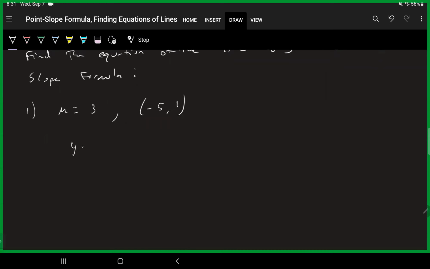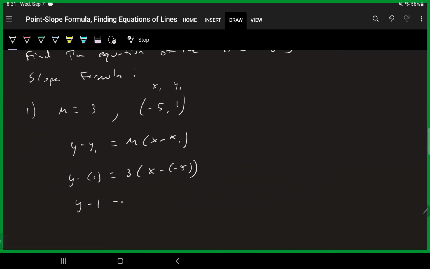So I'm going to get y minus y1 is m times x minus x1. And we know what m is. That's x1, y1. So we're going to plug those in accordingly. We have to pay attention to our signs. So y minus 1 is 3 times x minus -5. Let's clean that up.